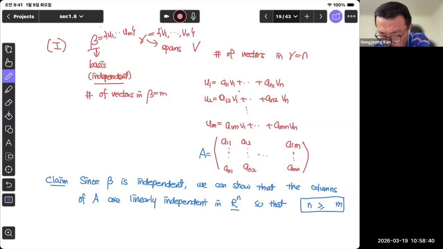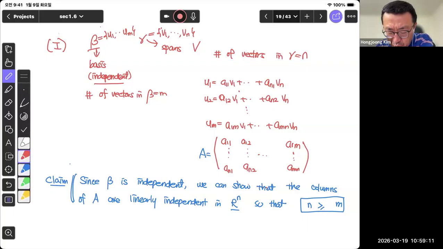And this is what I want to claim here. So please think about the reason. You should be able to prove this. I will go back to this claim later, but you need to think. So I want to claim that statement.